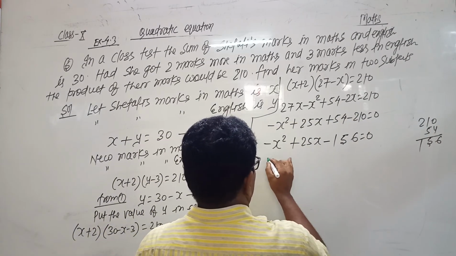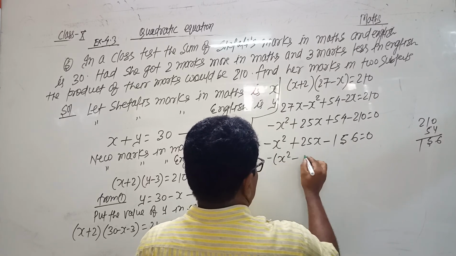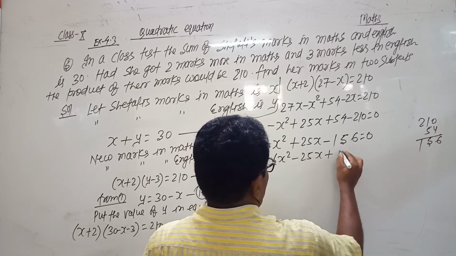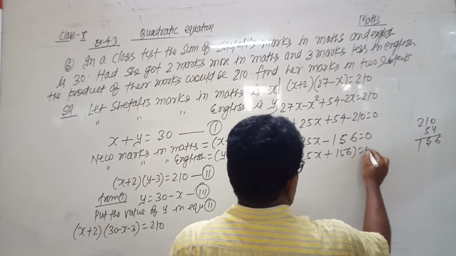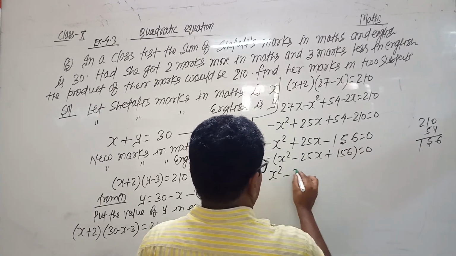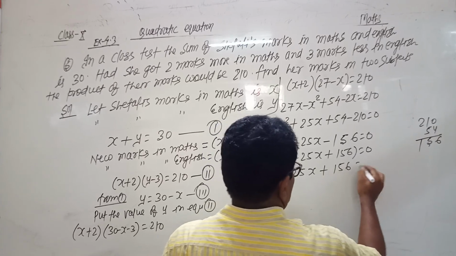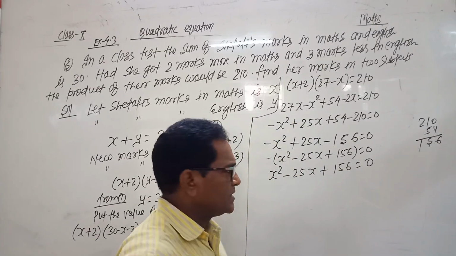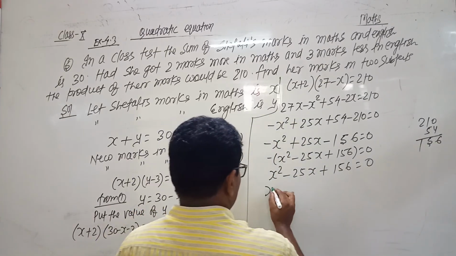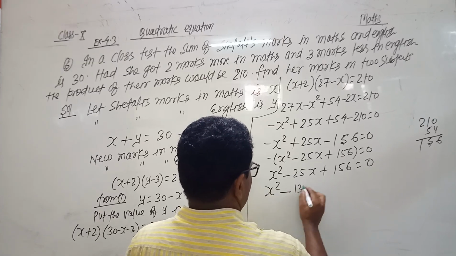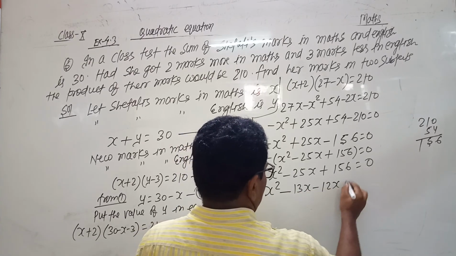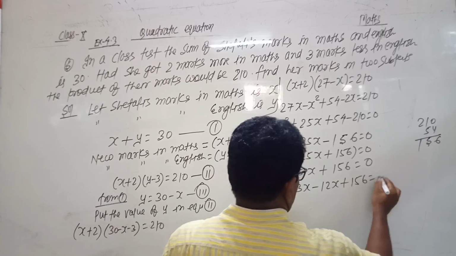Taking minus as common, x square minus 25x plus 156 equals to 0. Its factors will be 12 and 13. X square minus 13x minus 12x plus 156 equals to 0.